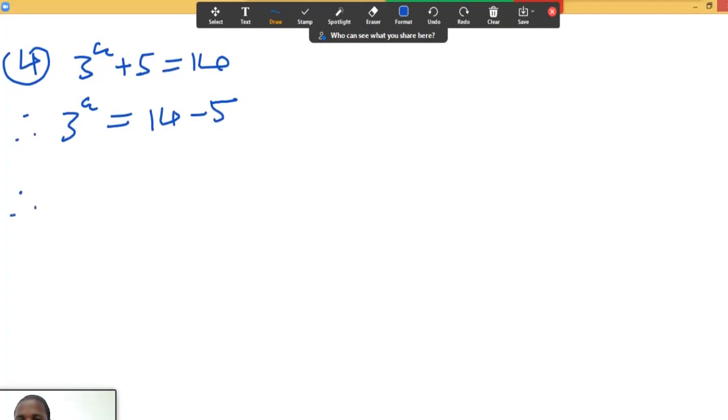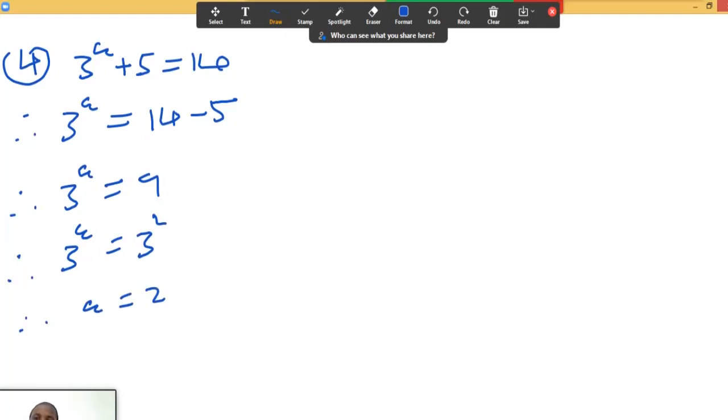Therefore 3 to the power a is equal to 9, which is 3 to the power 2. Therefore our a is equal to 2. So this was very short. This is how we approach it.